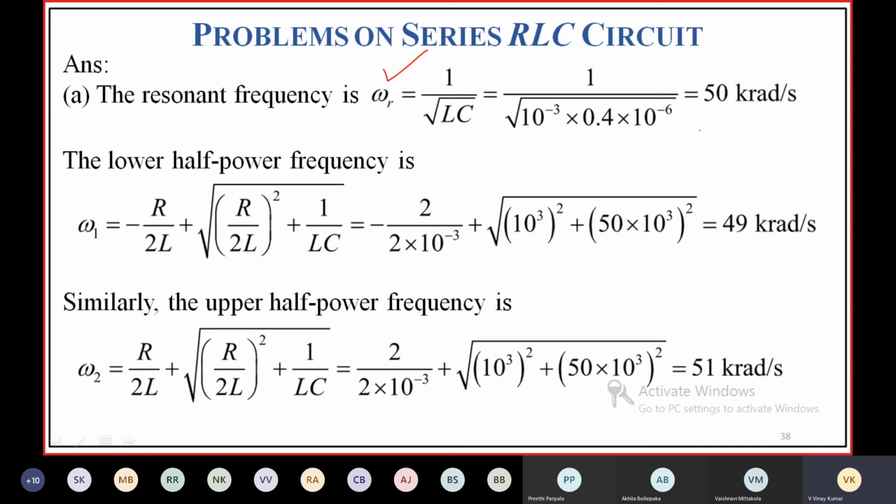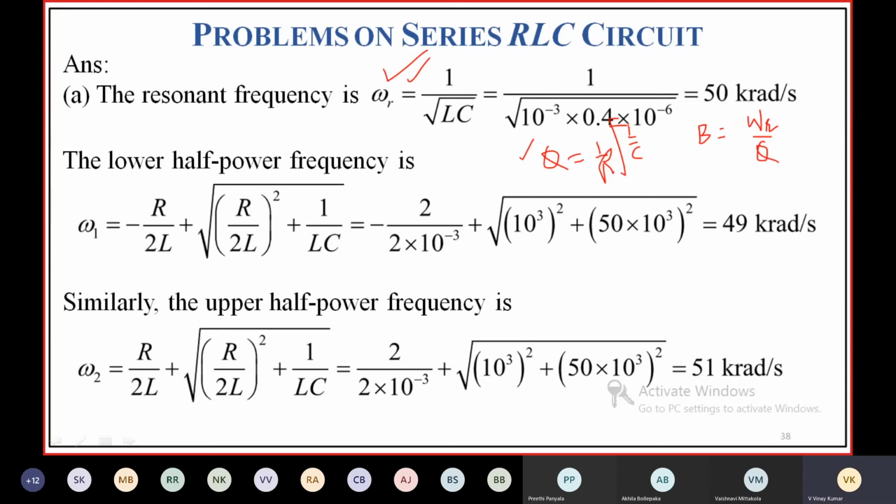After that, you know the formula: bandwidth is equal to omega r by Q. You know how to find Q. You find omega r and then you find Q. Q is equal to 1 by R root L by C.